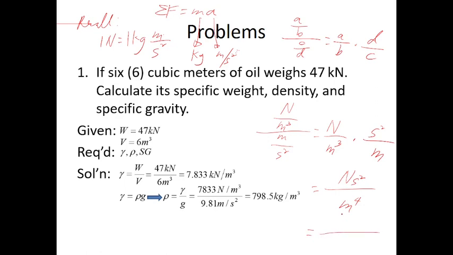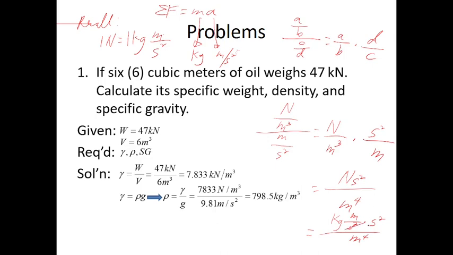So I have kilogram meter per second squared times second squared over meter to the fourth.